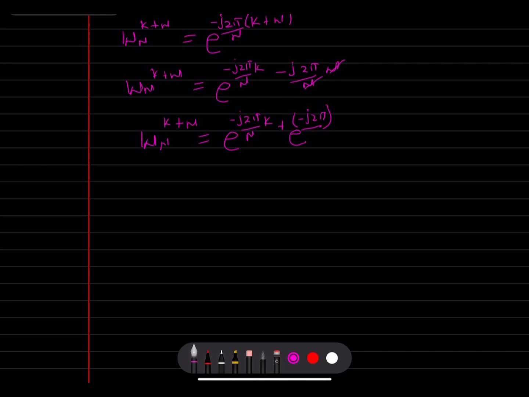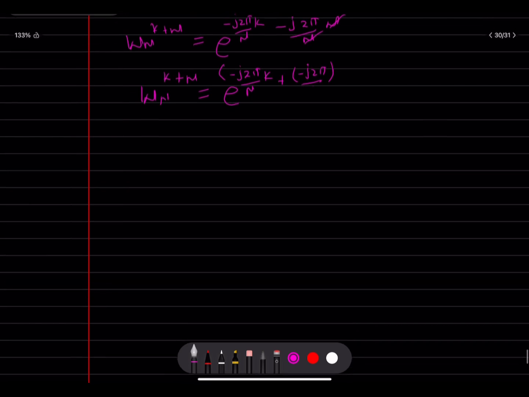From the law of indices, this addition here we can also split into two. So omega N^(k+N) is equal to exponent negative j 2 pi over N k, multiplied by exponent negative j 2 pi.